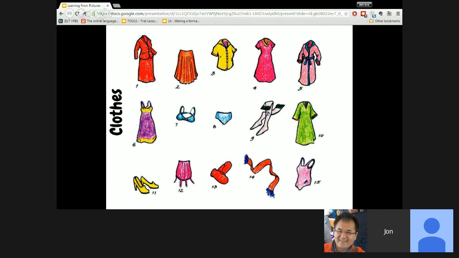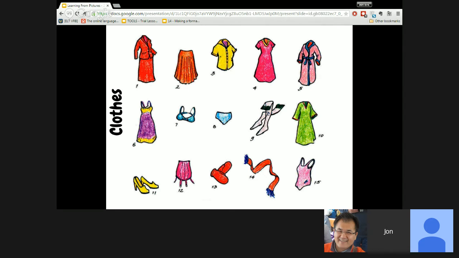Yeah. So I choose 17. I don't see 17. On this page, I see 1 to 15. Sorry, I saw a different page. Okay. So on this page, what's he describing?